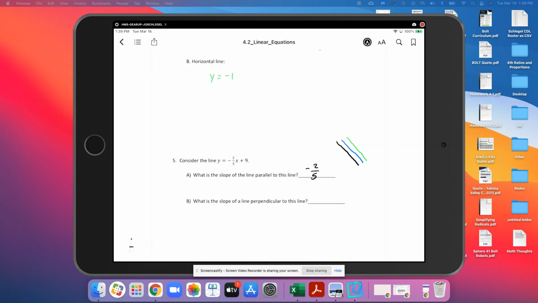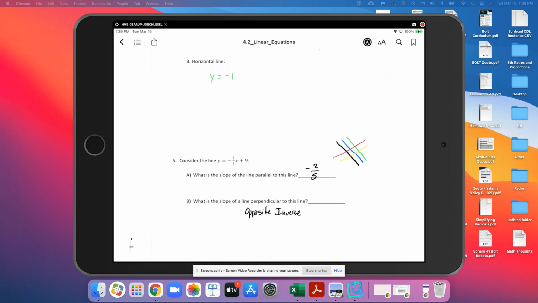Okay, and there's a really cool activity you can do to demonstrate what I'm about to show you. But a perpendicular line would have a slope that goes like this. And what you would notice about a perpendicular line, if we were to study it, is that the slope of the perpendicular line is the opposite inverse.